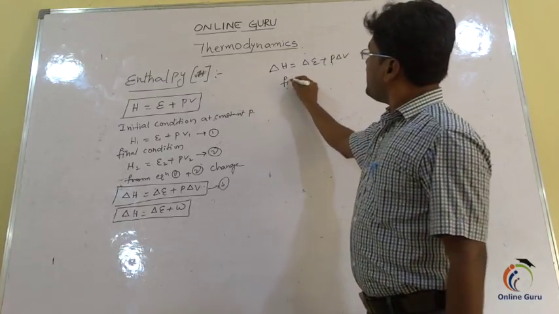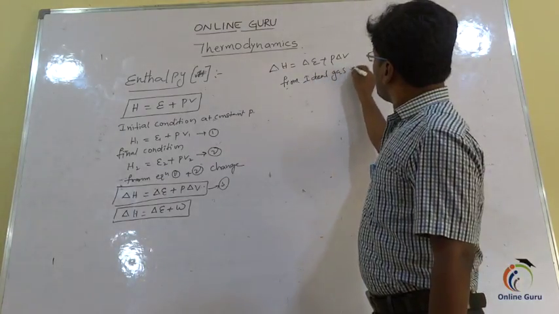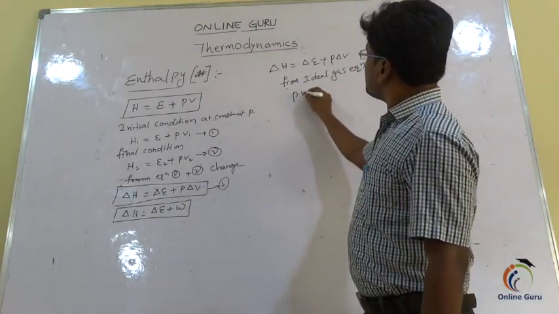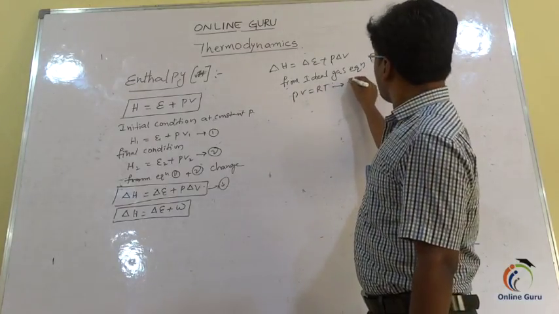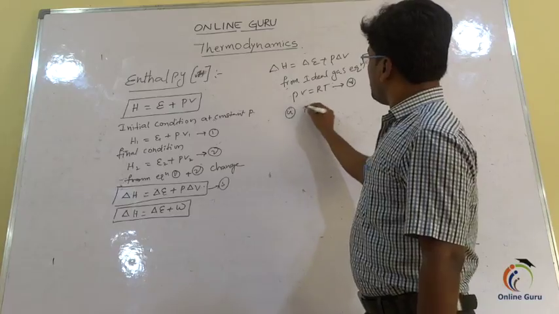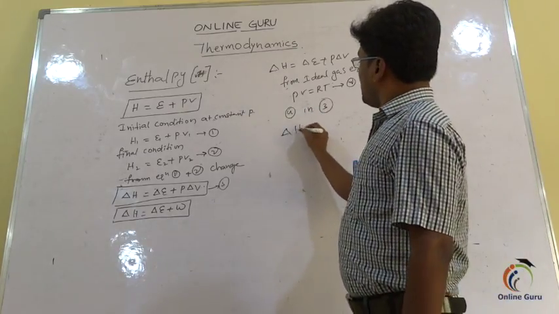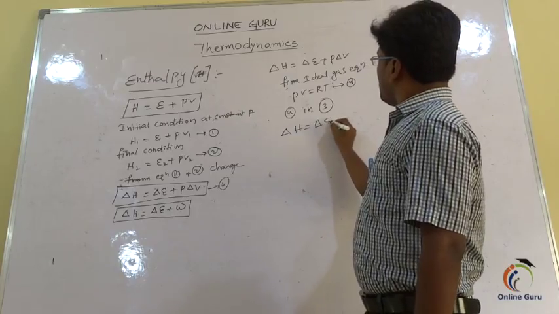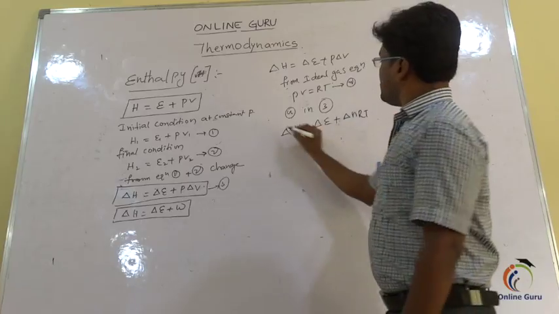We know already from the ideal gas equation that PV is equal to RT. Substitute this equation 4 in 3, then you will get delta H is equal to delta E plus delta nRT.